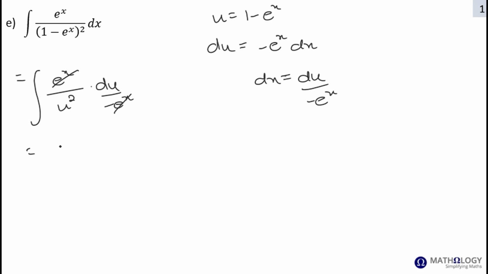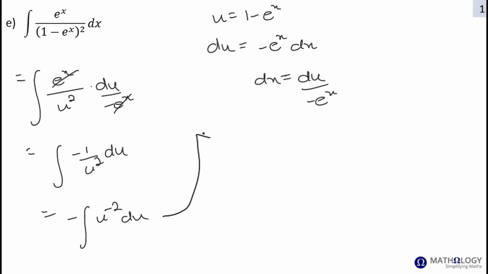So we'll have the integral of minus 1 over u squared du. You can pull the minus 1 out, so it's minus the integral of u to the minus 2 du. That equals minus times, we can add 1, so we'll have u to the minus 1, and then we divide by a minus 1. So we're just going to put the minus in front.